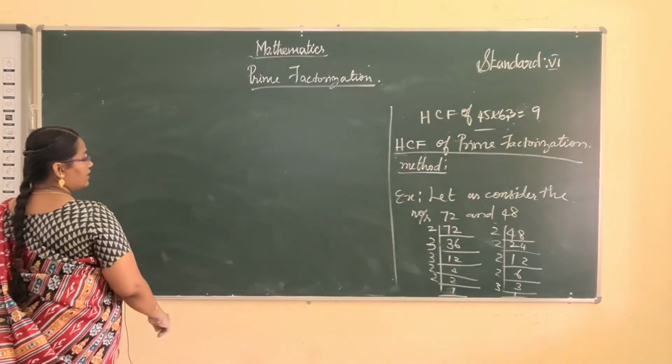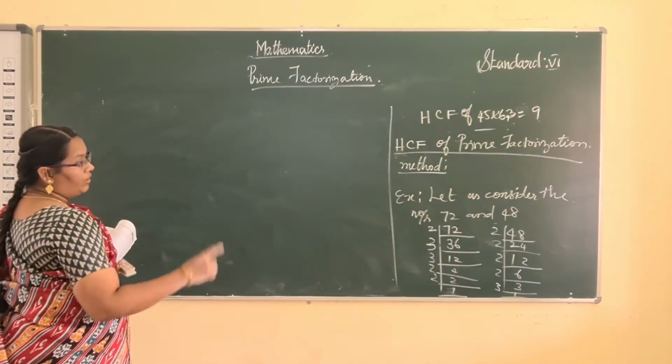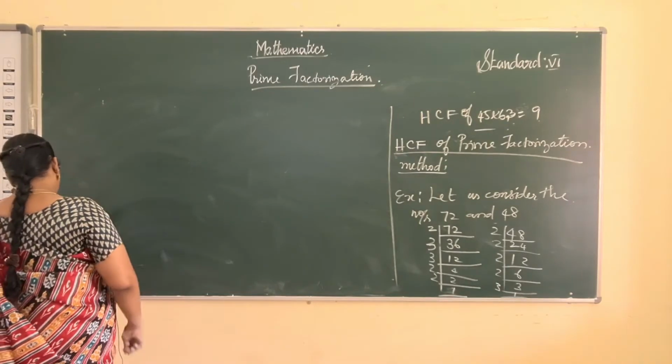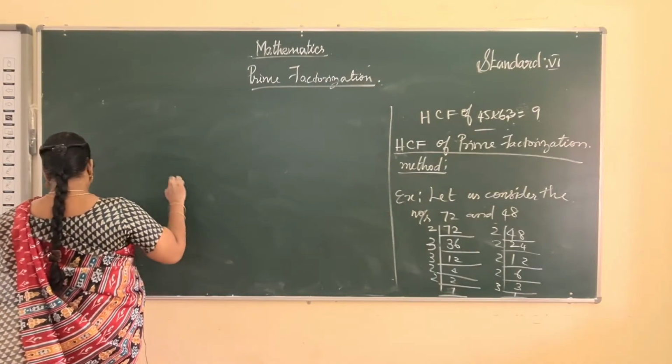Let us consider the numbers 72 and 48. We have found the prime factorizations of the given two numbers.